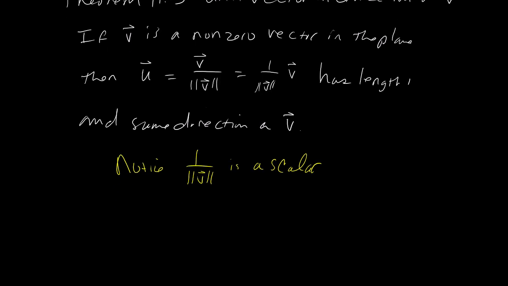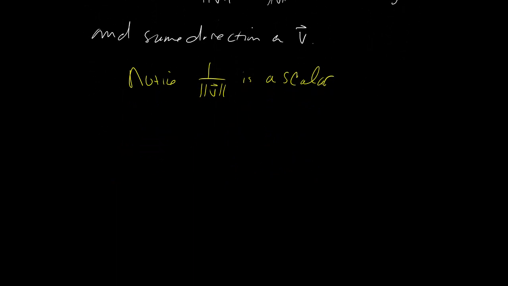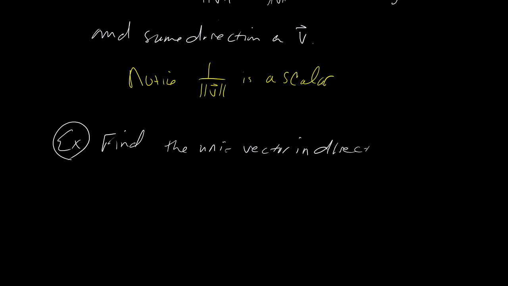Alrighty. So let's do a quick example using that. Let's find the unit vector in the direction of v equal to 6, -8. All right.